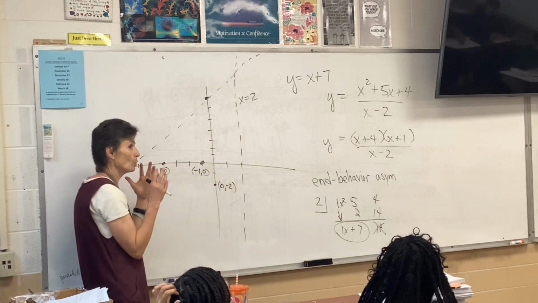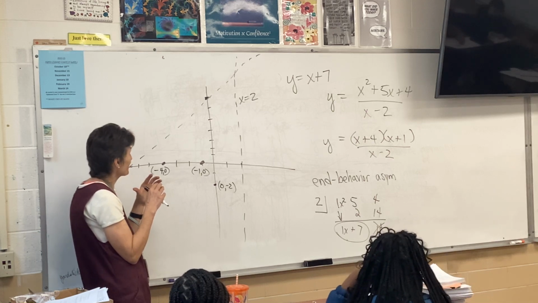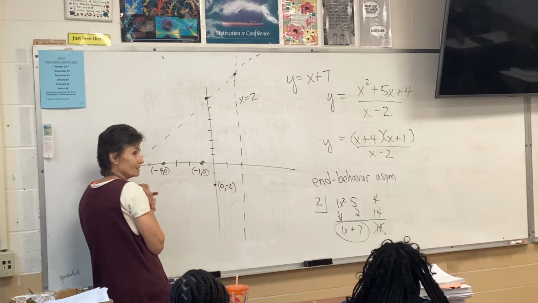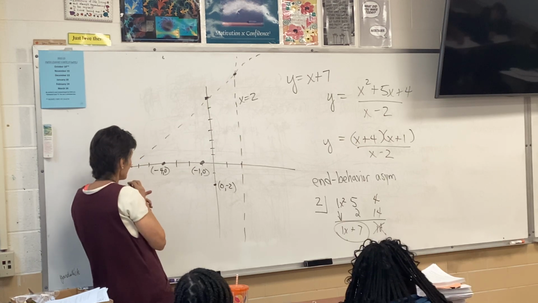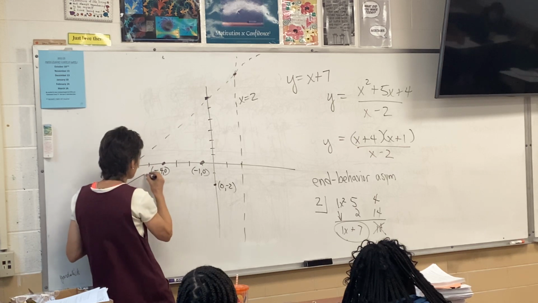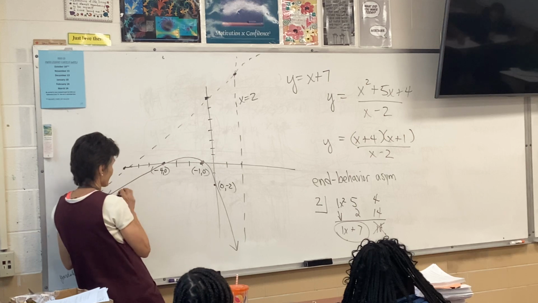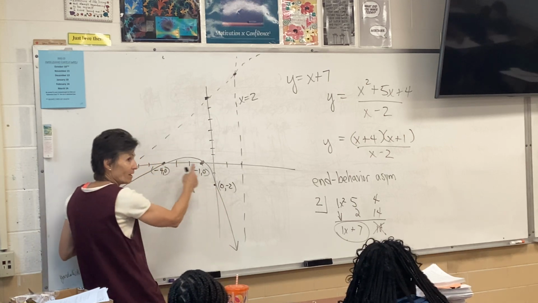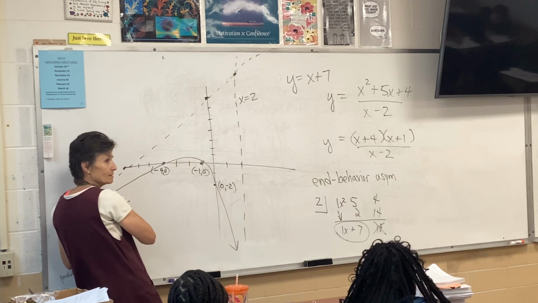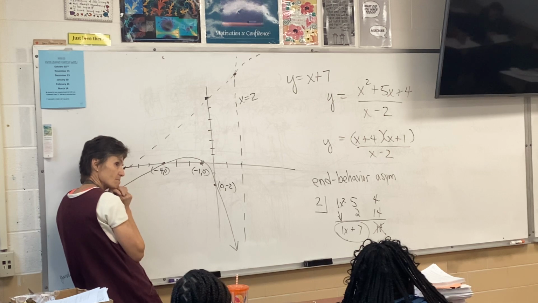Now what in the world does this look like? Well, your asymptotes are crossing right here. Can you sort of see kind of a shape down here maybe? Something like that, following those asymptotes here? Where do you think the other part of the picture is?